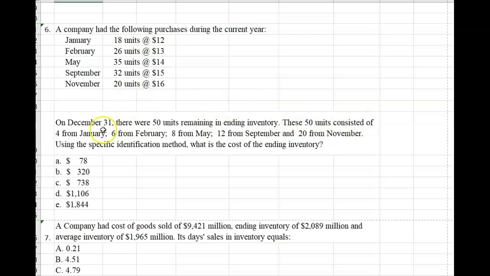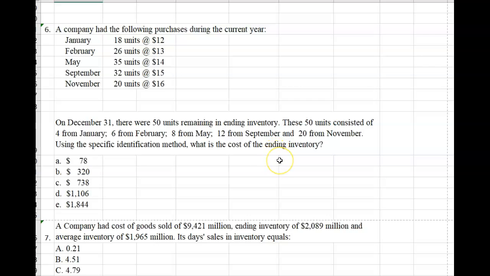These 50 units consisted of 4 from the January purchase, 6 from the February purchase, 8 from the May purchase, 12 from the September purchase, and all 20 from the November purchase. So using specific identification, what is the cost of the ending inventory?